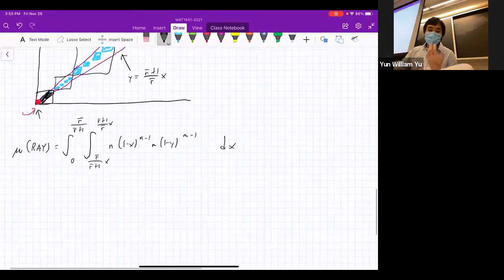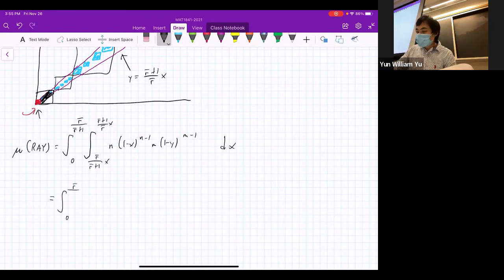And this is going to start off pretty easy, because you'll notice that in terms of the x dependence, you can shift things around a little bit to make life a little bit easier. And this is going to be the integral from 0 to r bar over r bar plus 1. The first, you can integrate over dy. You can integrate over y pretty easily, because that's just a single probability density function. We already know what the integral for that is.